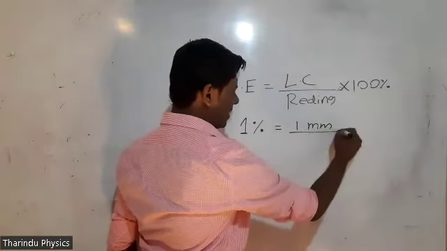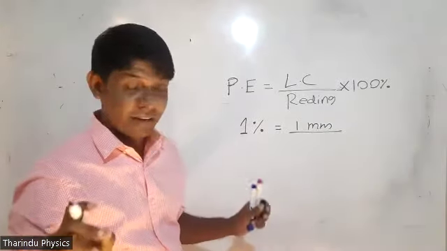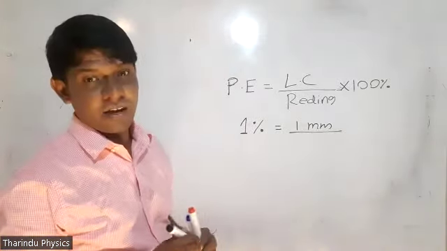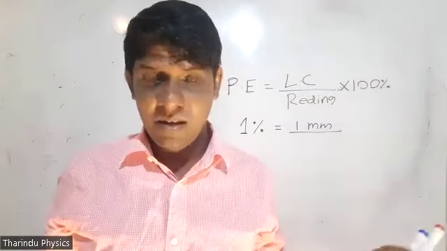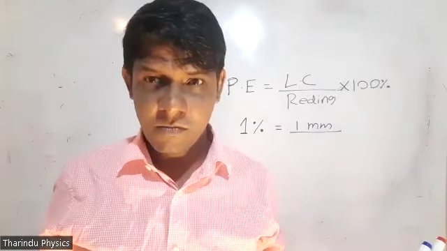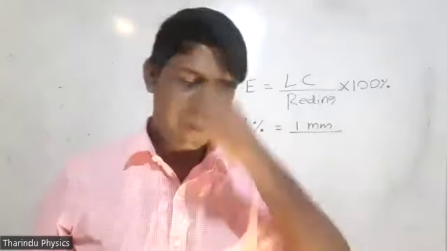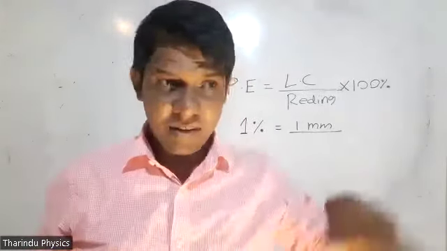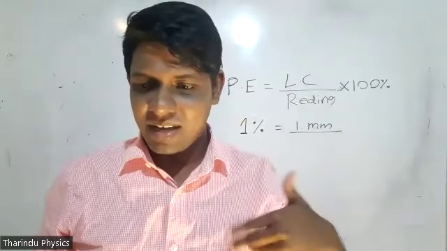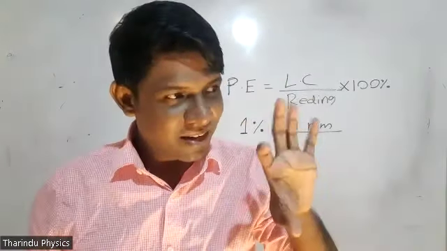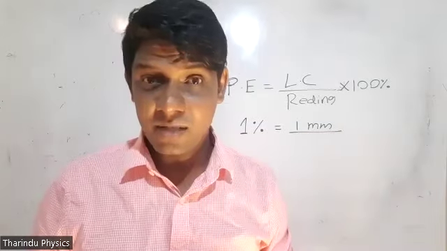There will be a minimum reading that we can take without error. I told you in O level, you used to measure distances like 3 centimeters, 4 centimeters. But you had to pay the price of thinking about the uncertainty of the answer. You get the incircle or circumcircle, whatever, not in the amount you are expecting.